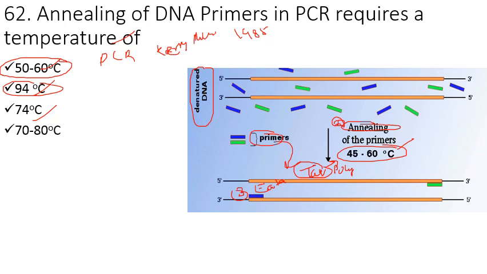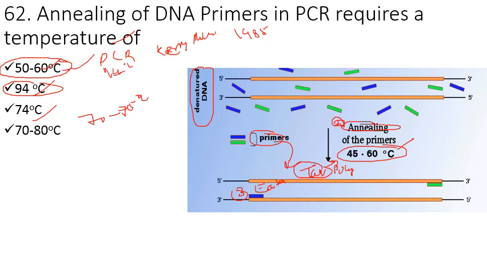and these polymerases are obtained from microorganisms, like we are using this Taq polymerase, that is Thermus aquaticus, and it is stable up to a temperature of 94 degrees Celsius. And this extension is done at lower temperature, that is near about 70 to 75 degrees Celsius. So for denaturation it requires high temperature, that is 94 degrees Celsius.